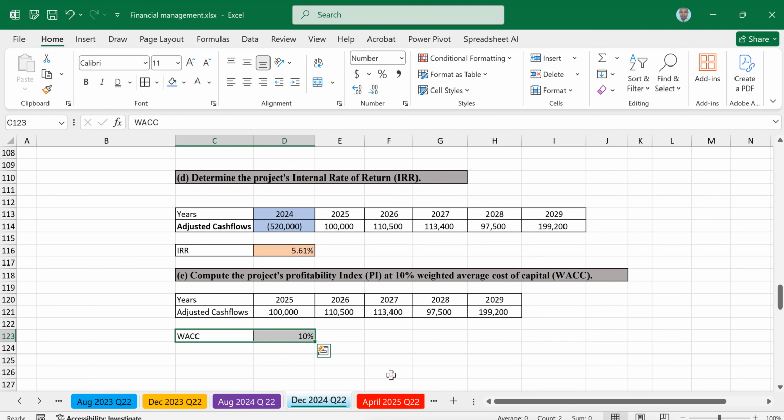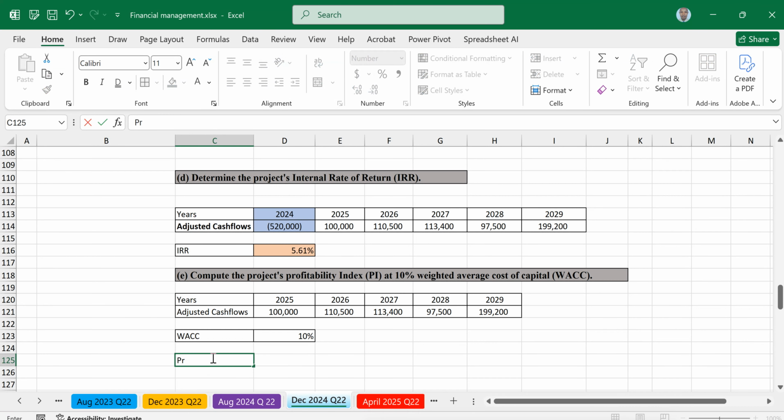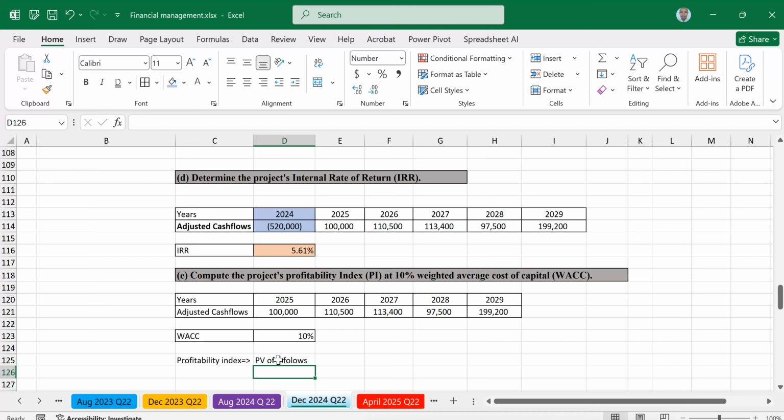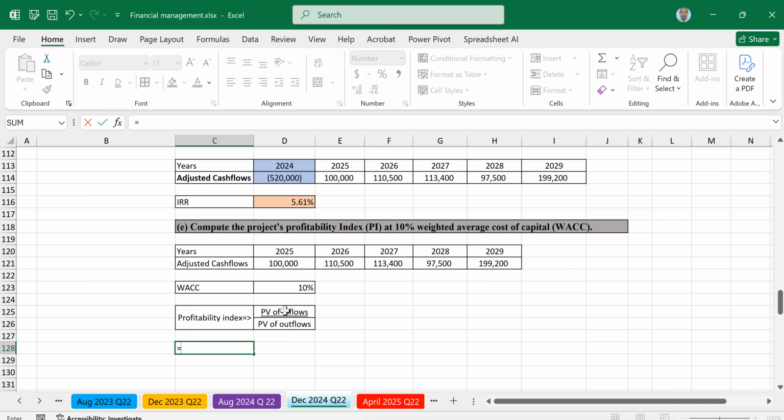The formula for PI, the profitability index, is equal to PV of inflows over PV of outflows.